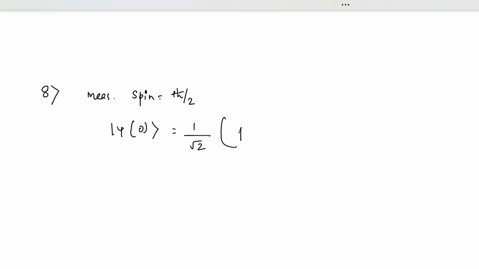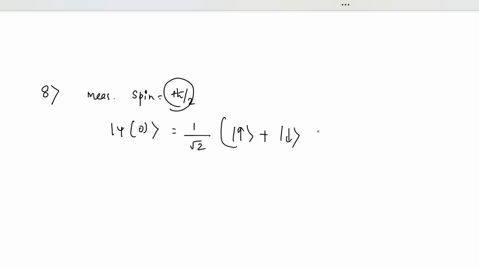This is question number 8. Now the first thing is that because the spin measurement on the system had spin equal to plus h cut by 2, you can consider the state at initial time, psi 0, as a triplet kind of state, which is 1 by root over 2 spin up plus spin down, because you are getting plus h cut by 2.